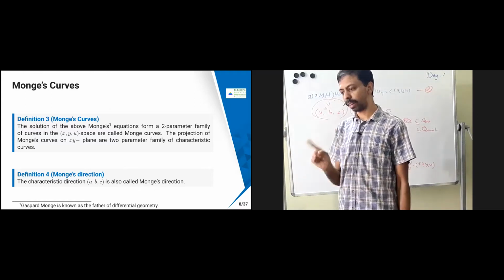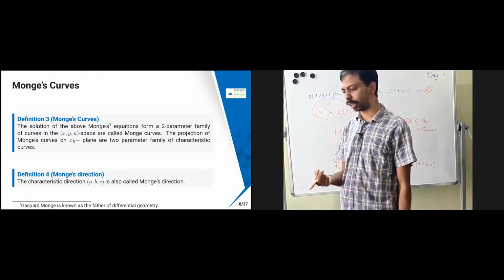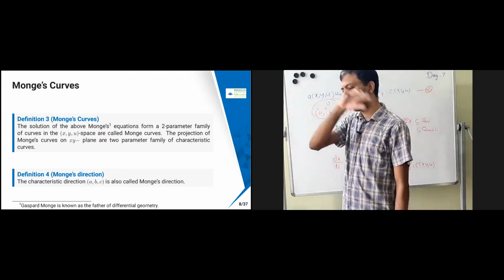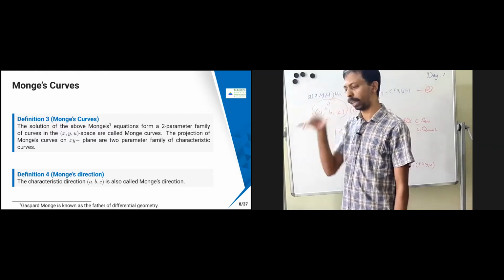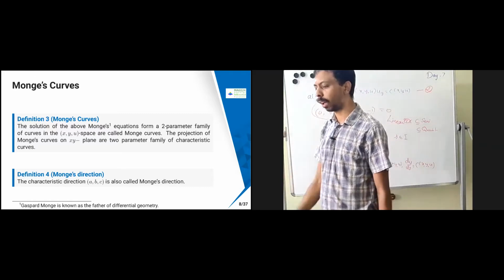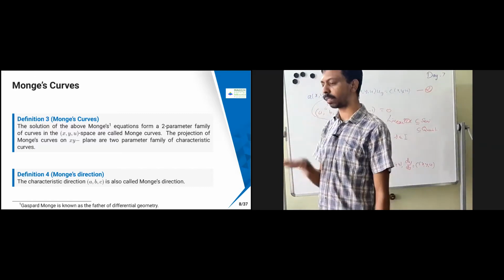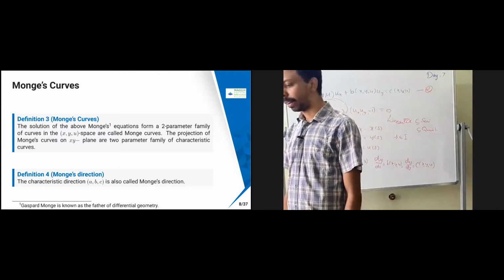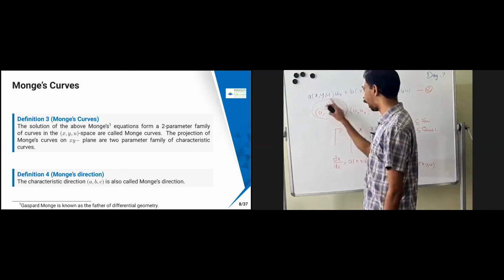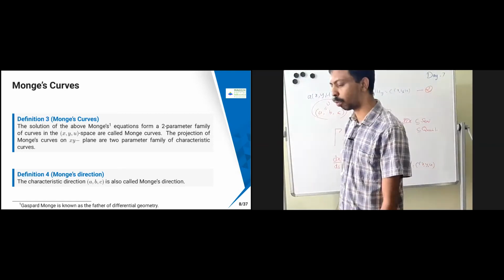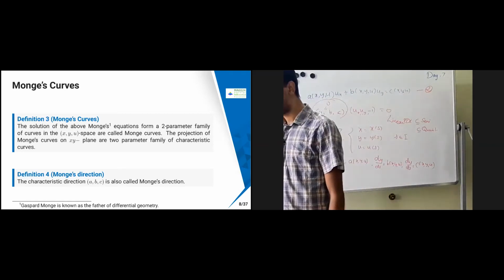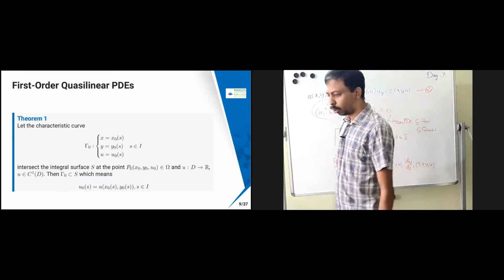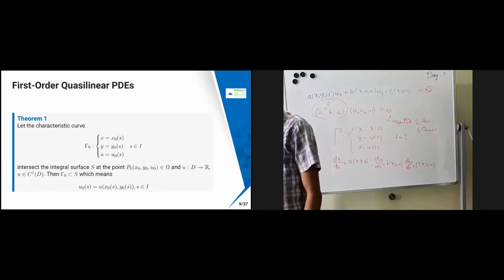So there is a difference between the characteristic curve and the Monge curve: the Monge curve lives in xyu space, whereas its projection on the xy plane is the characteristic curve. The characteristic direction is also known as the Monge direction.